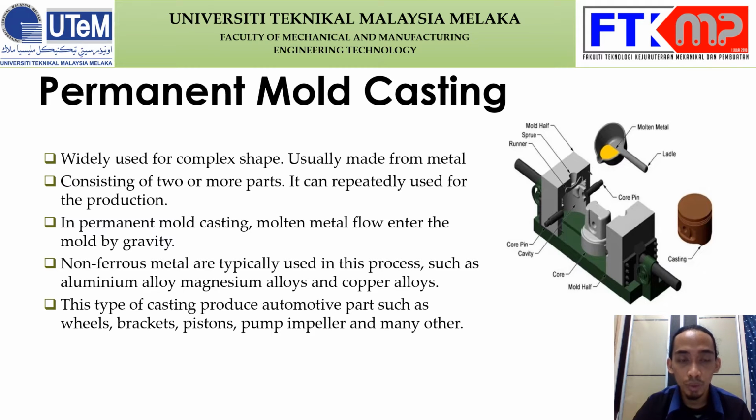In permanent mold casting, molten metal flows into the mold by gravity. Non-ferrous metals are typically used in this process, such as aluminum alloy, magnesium alloy, and copper alloy. This type of casting produces automotive parts such as wheels, brackets, pistons, pump impellers, and many others.